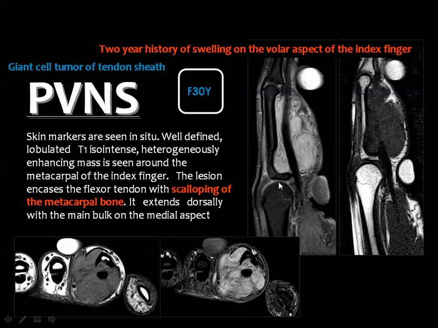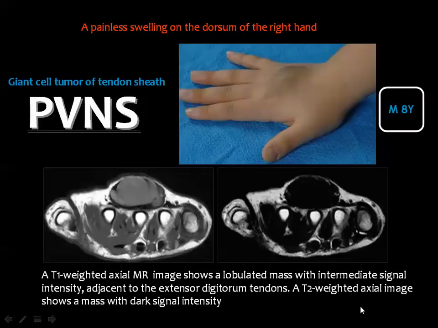And this is an example of a giant cell tumor of the tendon sheath in the sagittal T1 weighted image, axial T1 and axial STIR, and you can see the tumor is almost totally encasing the tendon, and there is some impression or benign scalloping of the adjacent cortical bone of the related phalanges.